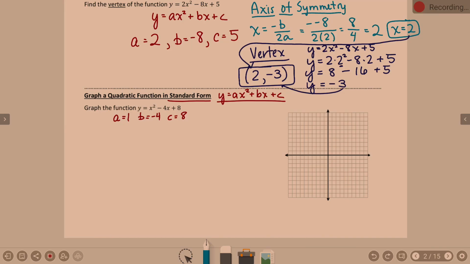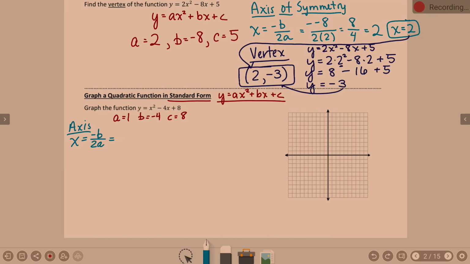Okay, guys. In order to graph this, what do we have to know to graph a parabola? We're going to have to know the vertex. So if we're going to have to know the vertex, what are we going to have to find first? Axis of symmetry. Am I redoing the same thing I just did up above? I am. Okay, so let's practice. Let's find our axis. X equals, you got that formula memorized yet? Negative of b over 2a.